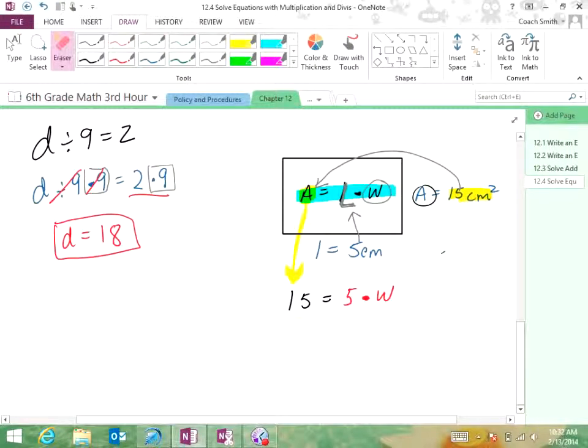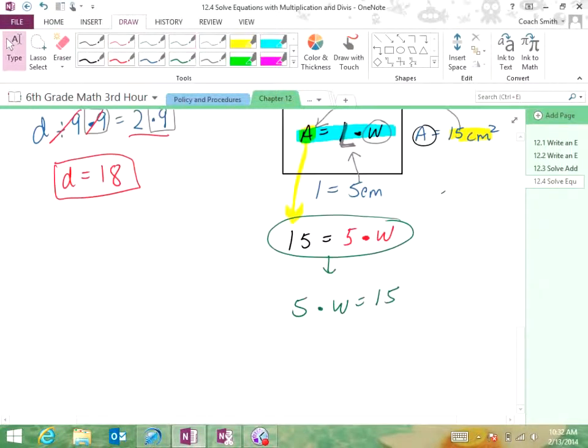Now, this problem here is the same thing as that right there. Exactly the same. So if it's easier for you to see it that way, then obviously put it that way. So we rewrite the problem, and we do the inverse to both sides.